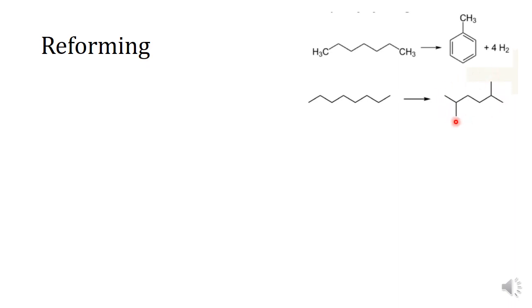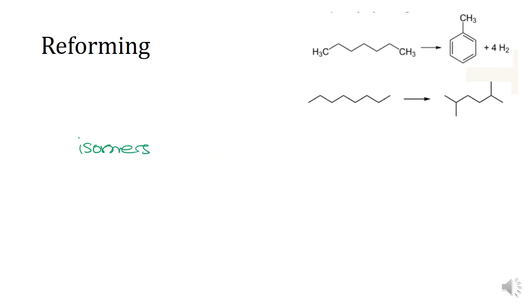If I reform that into 2,5-dimethylhexane, this has a much higher octane number, so it's much more resistant to knocking, so it's more useful in engines. So for reforming, again, we're looking at isomers.